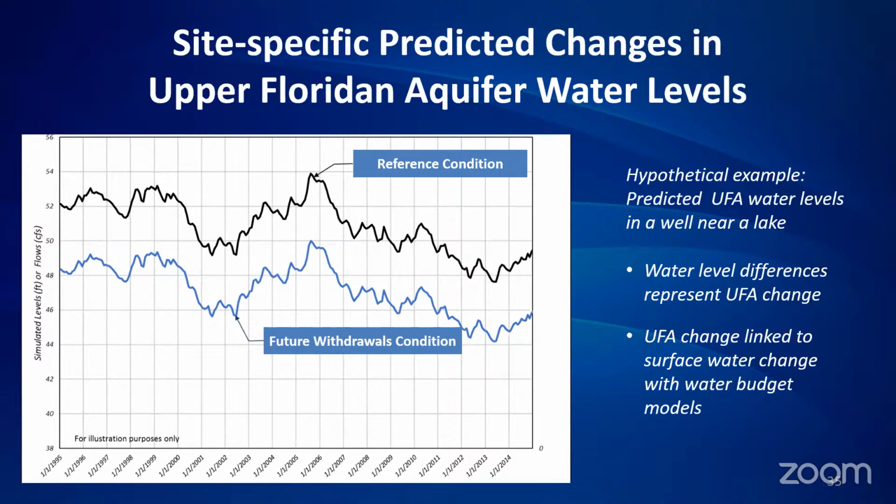And it's that difference between those two lines that's important, because that difference can potentially affect what happens on the surface, what happens to the water levels in a lake. So this is very important information that's necessary for our evaluation.